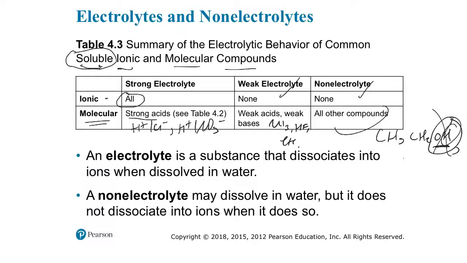Another example might be glucose, C6H12O6. There are other compounds containing only nonmetal elements that simply dissolve in water but do not form any type of electrolytic solution. An electrolyte is any substance that dissociates into ions when dissolved in water, and a non-electrolyte dissolves in water but simply does not dissociate.